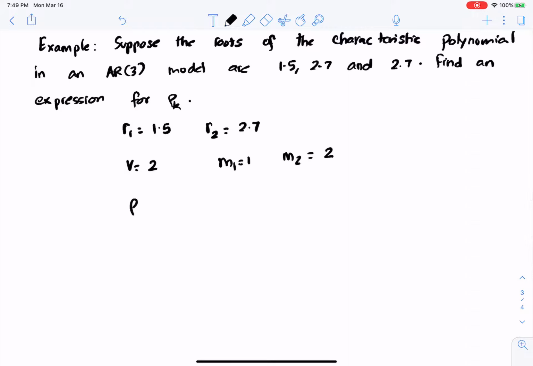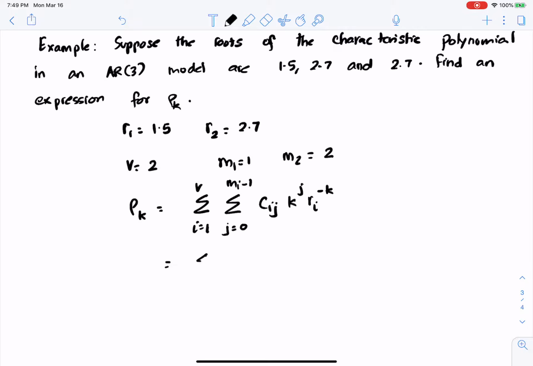So going back to our sum, rho k would be the sum i equals 1 to V, sum j equals 0 to m_i minus 1, and C_ij, k raised j, and R_i raised negative k.